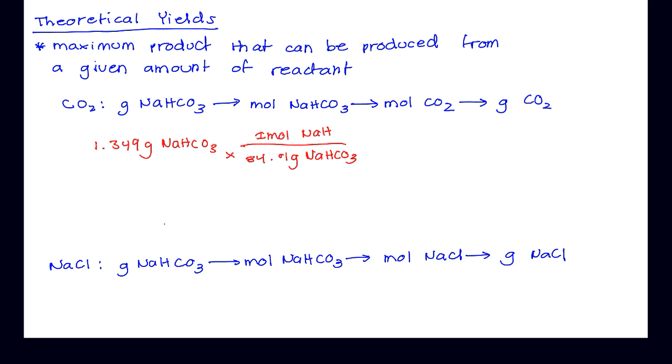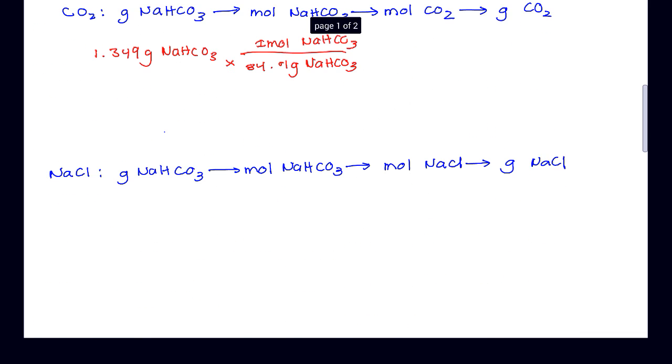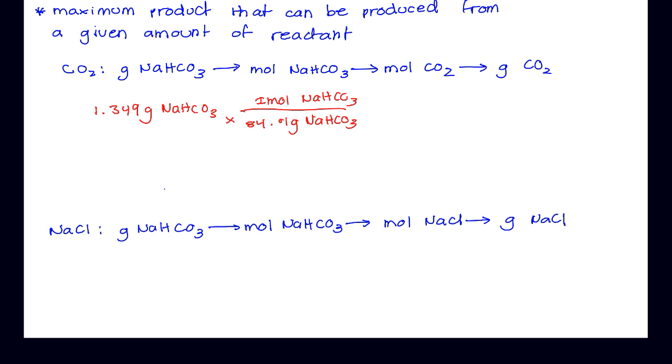The next thing we want to do is go back to our balanced equation. So if we look, our equation is already balanced, so our mole ratio is just 1 to 1. So we know that for every 1 mole of sodium bicarbonate, we should produce 1 mole of carbon dioxide gas.